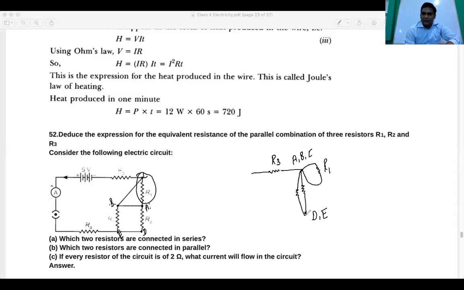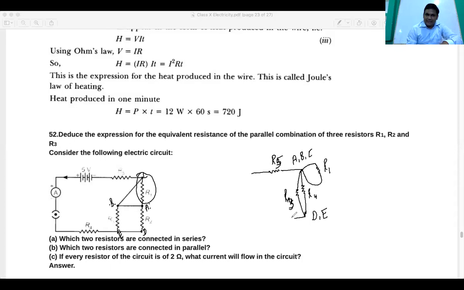Let's assume this is R4, and this is basically R5 and this is basically R3. And R1 was here only.